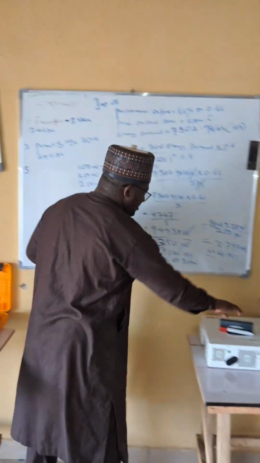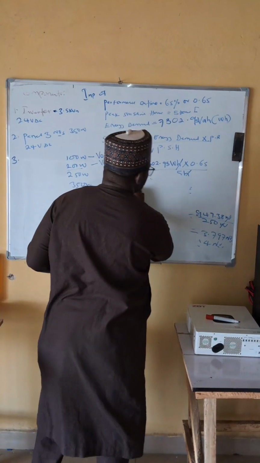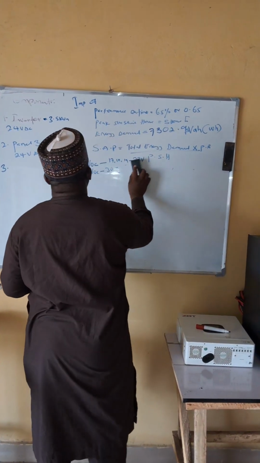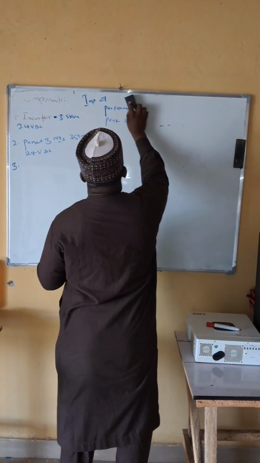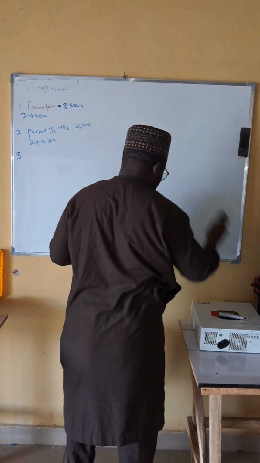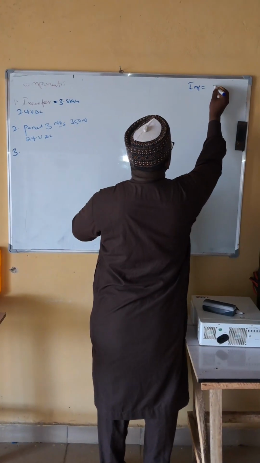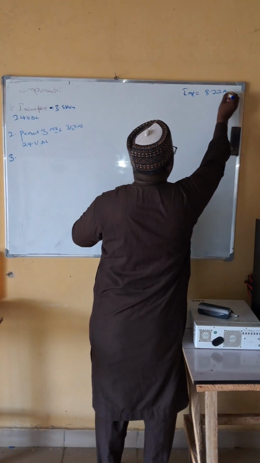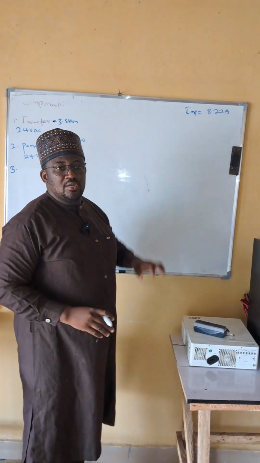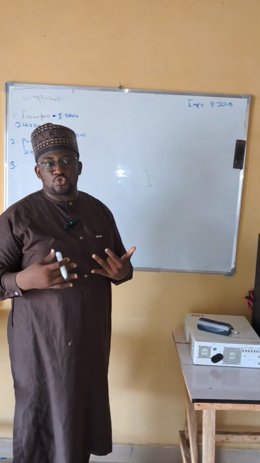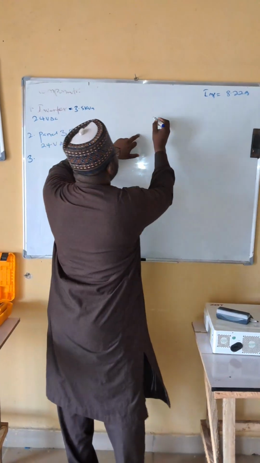IMP equals 8.22 amps. Since we have this IMP current, for us to get the solar charge controller capacity, we will look at it this way.